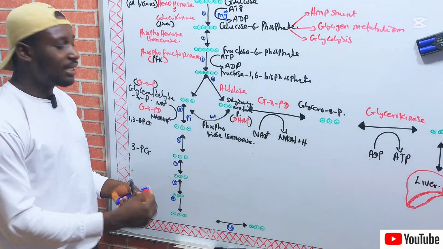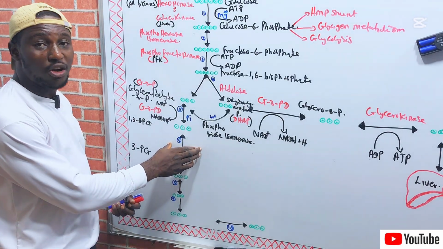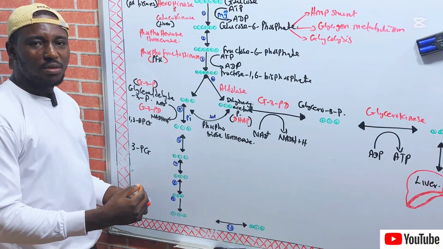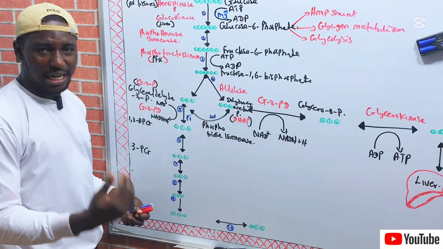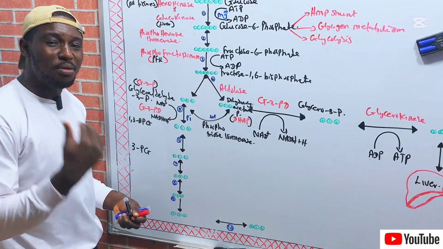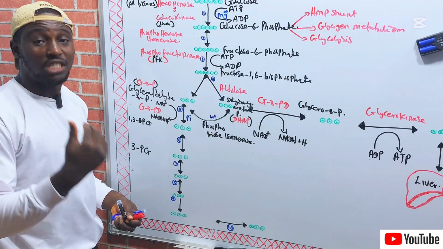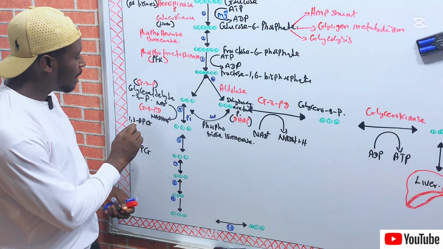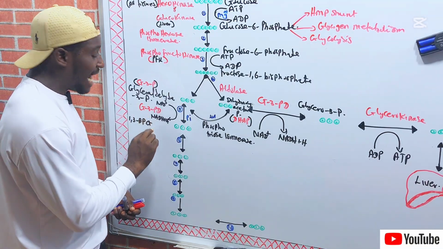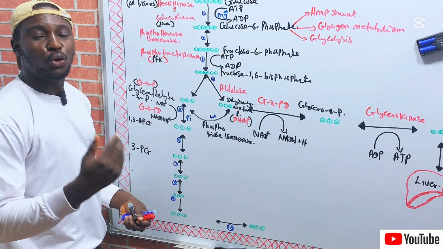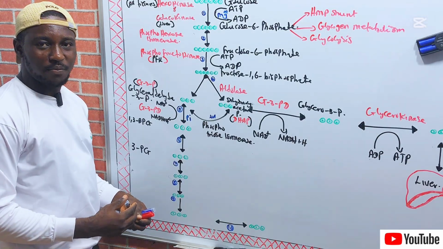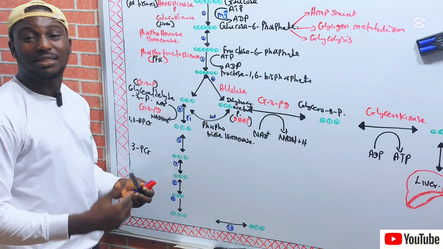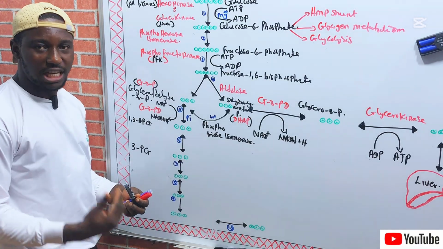You have to understand that step 6 of glycolysis is called substrate level phosphorylation, because energy is trapped from a molecule without referring to the complicated electron transport chain reaction, right? Because 1,3-bisphosphoglycerate will be trapped to produce a molecule of ATP, a molecule of energy, which is called what? ATP, right? Without referring to the electron transport chain.